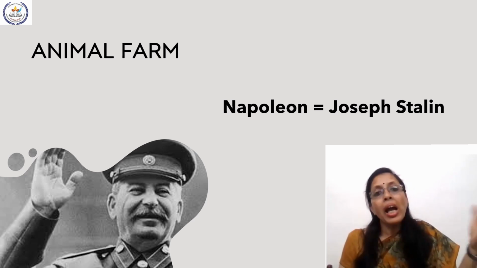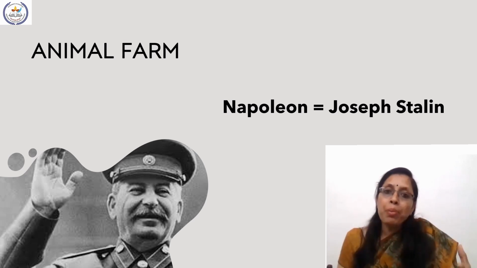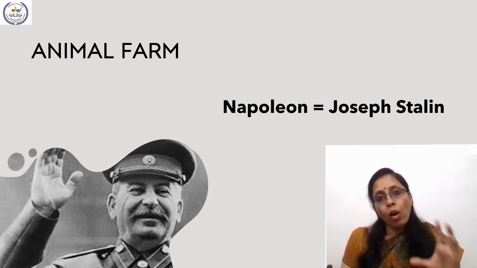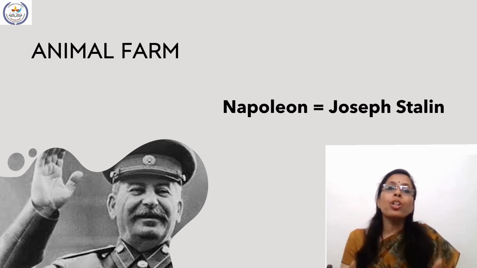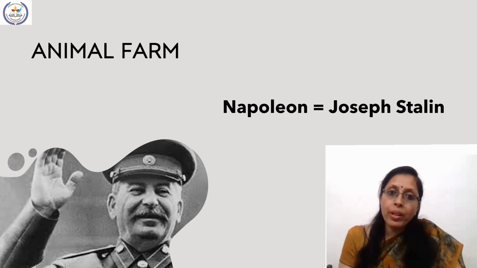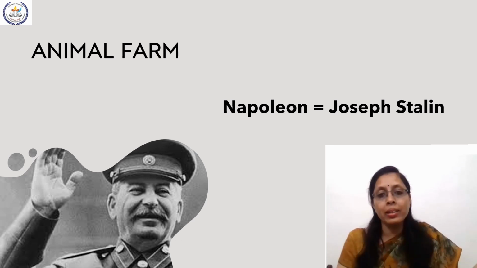He drives him out and takes control of the animal farm, and he establishes a dictatorial, a tyrannical rule on the farm. So the idea of revolution is subverted, and the revolution took place with an idea of an equal society. So he establishes a society where he is more equal than others.